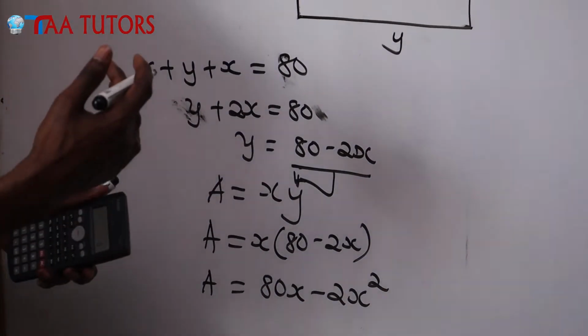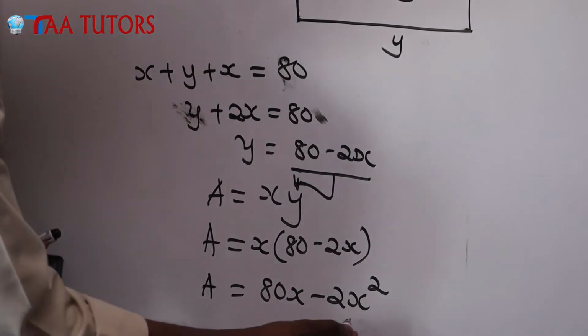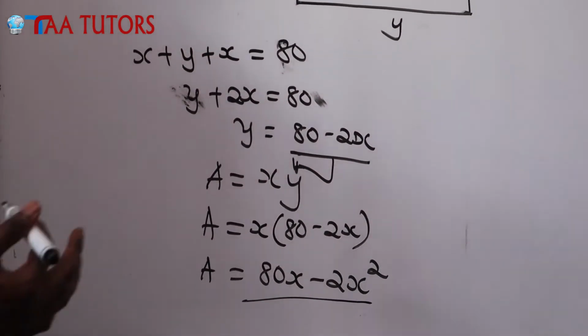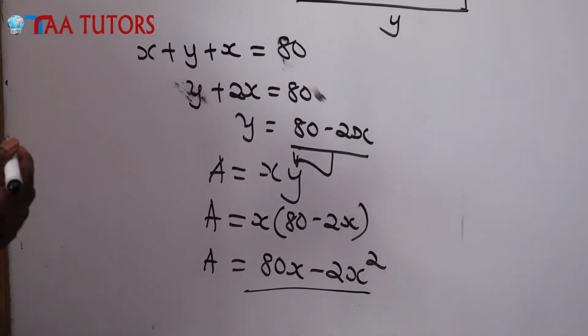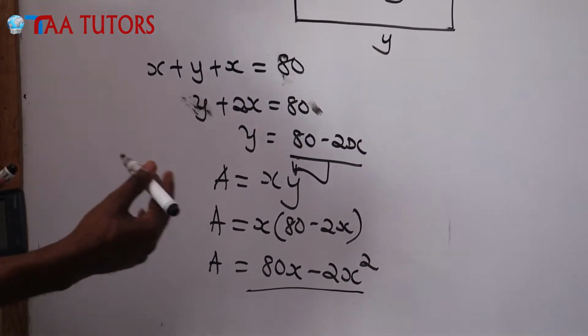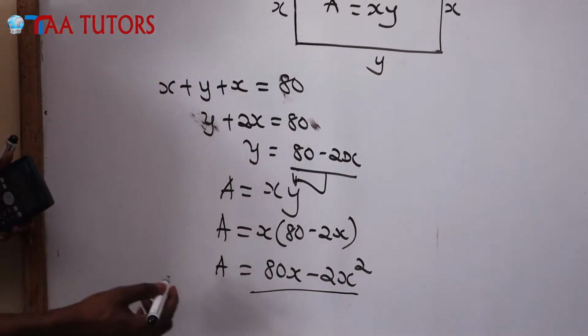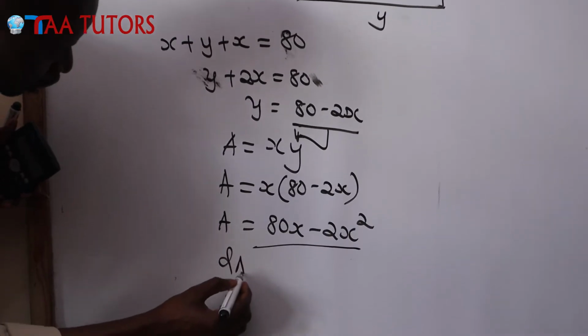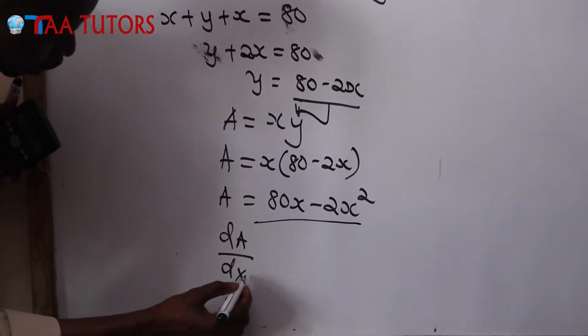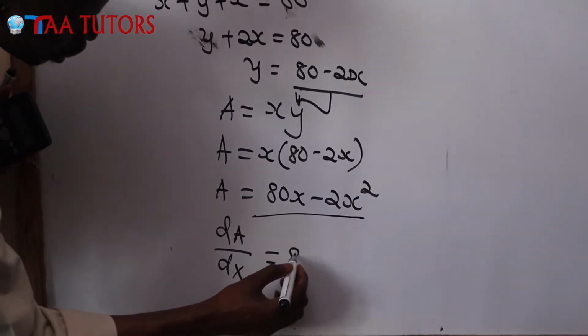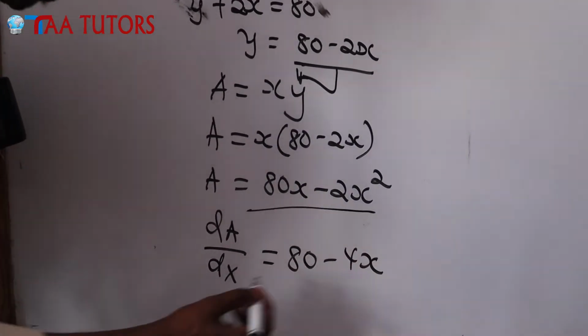But we also know that at maximum area, or in other words, at turning points, whether minimum or maximum, dA over dx will be 0. So here we say dA dx will be 80 minus 4x.